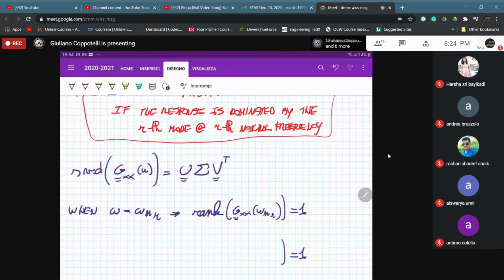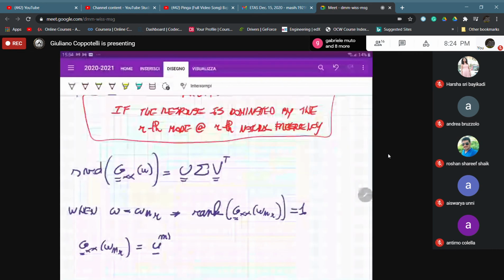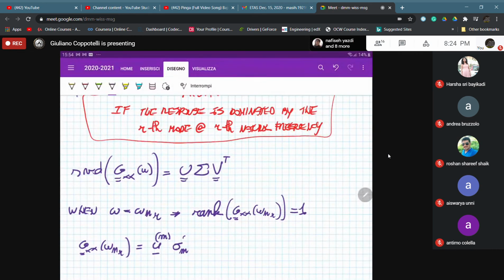Okay, and therefore your Gxx matrix at the natural frequency could be rewritten as your left singular vector, let me say corresponding to the nth singular value, and then your Hermitian.